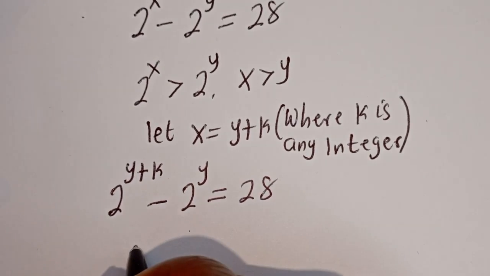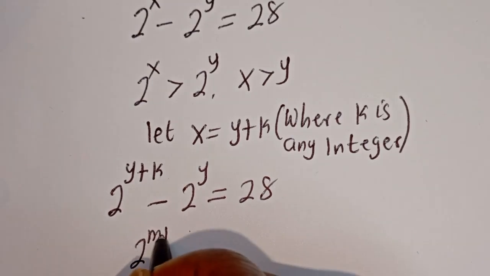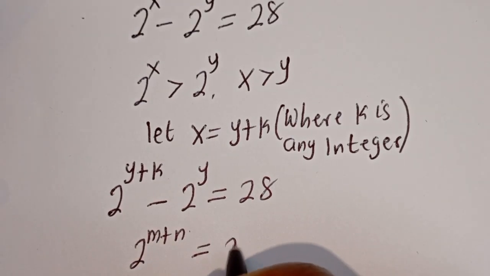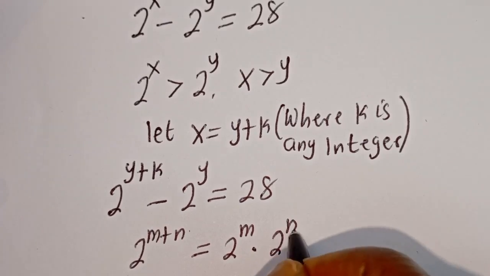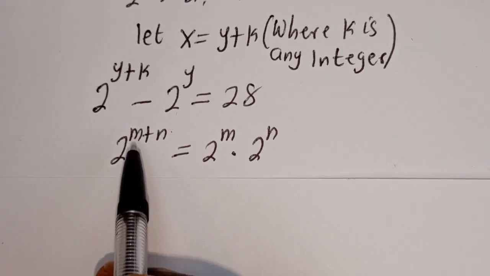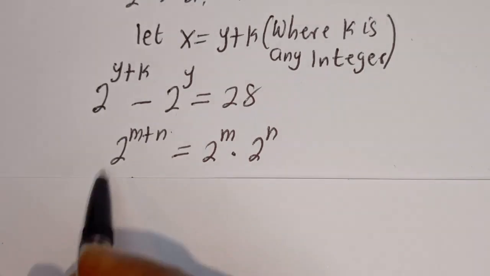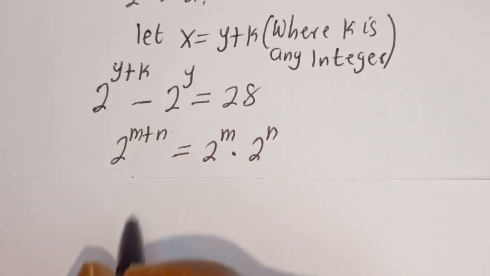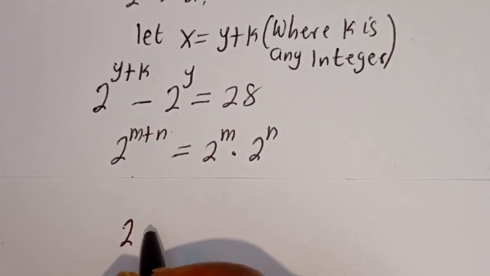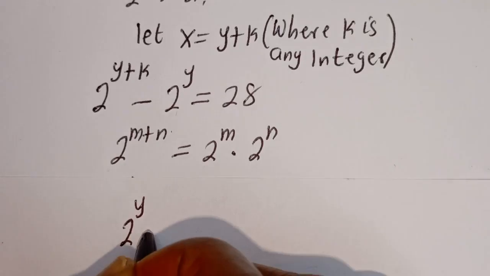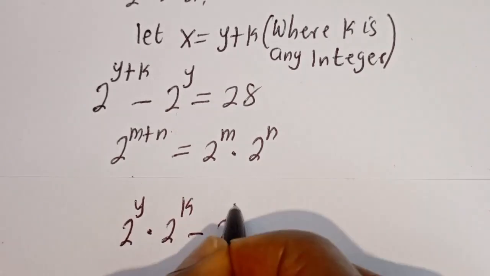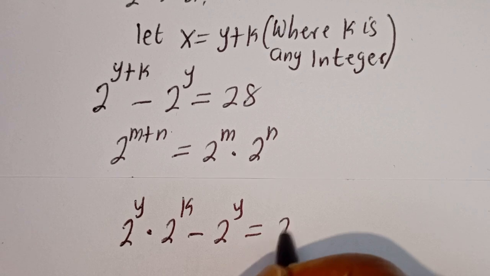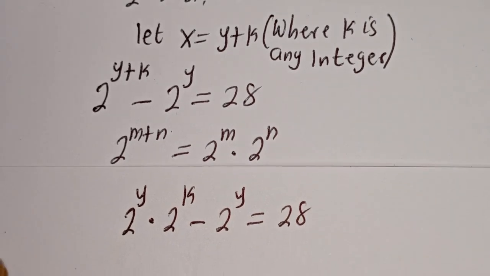Note that if you have 2 to the power of m plus n, this is equal to 2 to the power of m multiplied by 2 to the power of n. Then from here, this can be written as 2 to the power of y multiplied by 2 to the power of k minus 2 to the power of y is equal to 28.